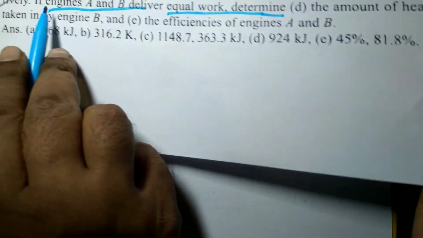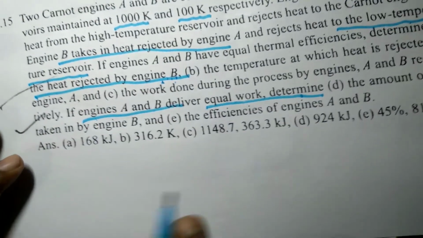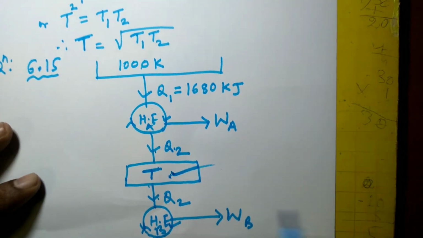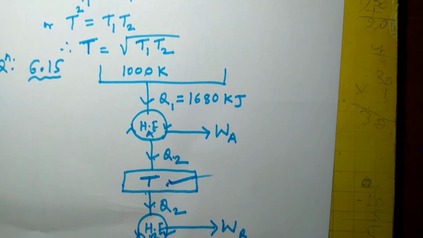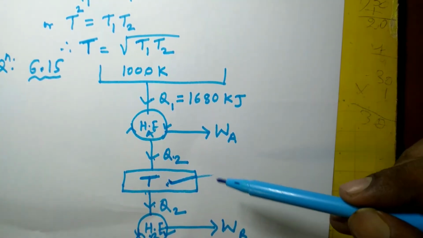And in the bit B, you are required to find out the temperature at which heat is rejected by engine A. That means we have to find out the intermediate temperature. It is given that the efficiencies of two reversible heat engines are same.